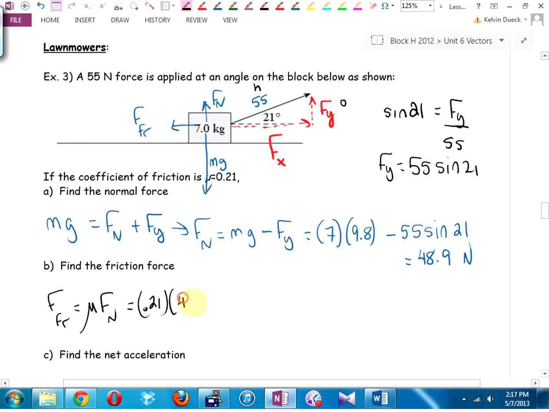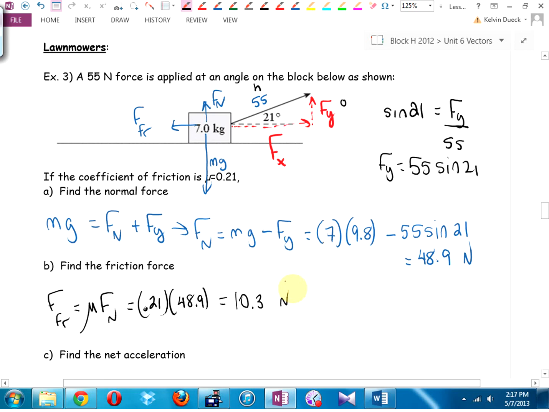Otherwise, I'll use 48.9. But if you've got the number on your calculator, be more accurate. Times 0.21. What's the friction force? 10.27. Anybody else? I'll go 10.3, but I'll keep that 10.27 stored on my calculator.